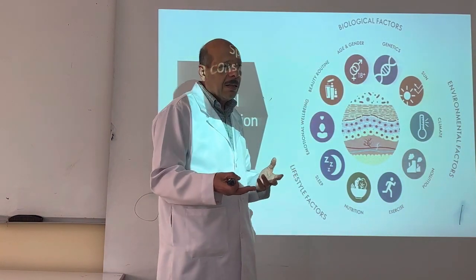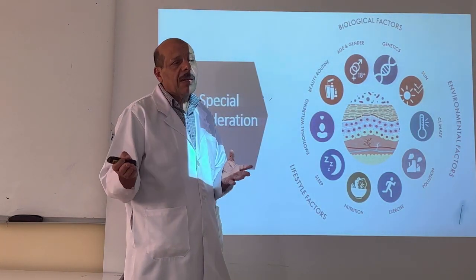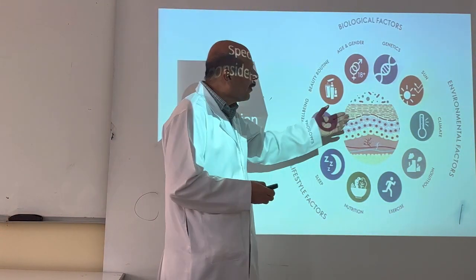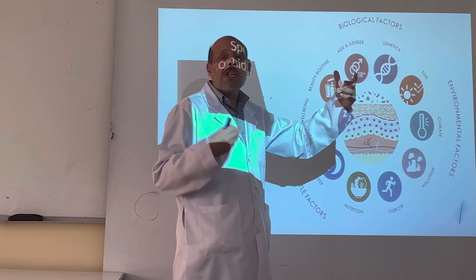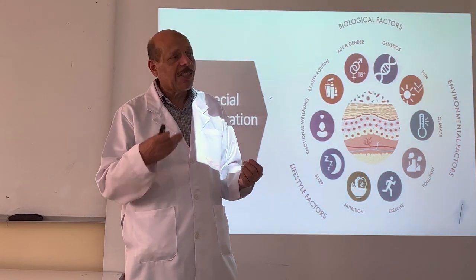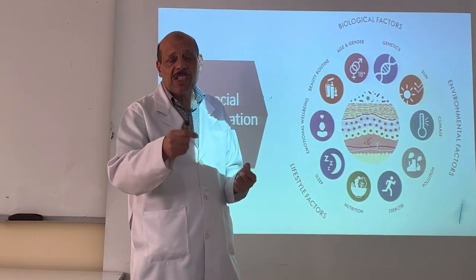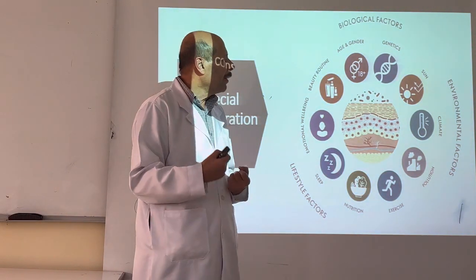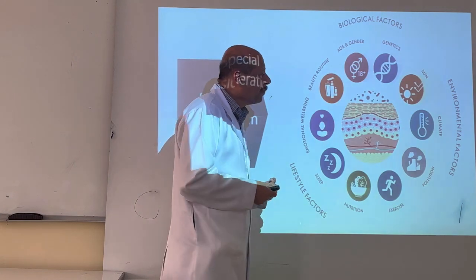Genetics, also race, will give a different color of skin also. The exposure to sunlight will change the pigmentation, it will make the skin slightly dark when we are exposed to sunlight.